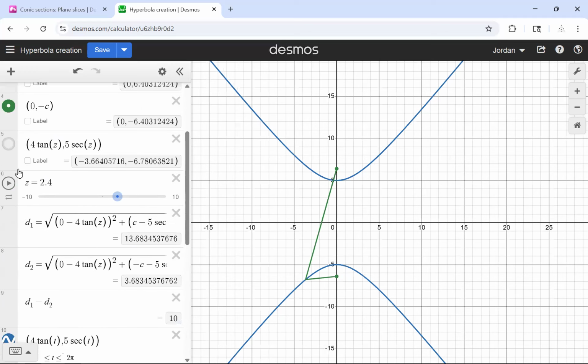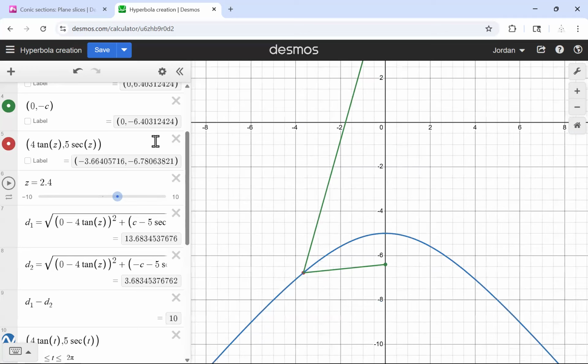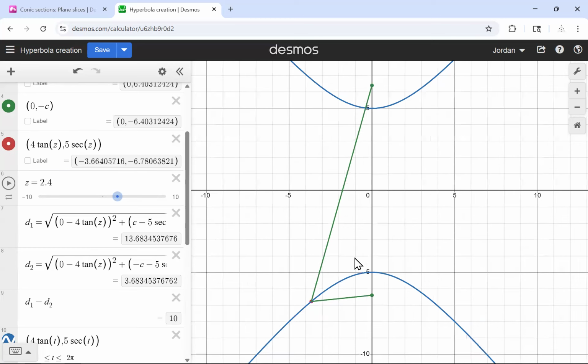If I take a point on the hyperbola, this red point here, and measure the distance from that point to my first focus, and then measure the distance from the point to my second focus, if I subtract these two distances, I will get a 10.